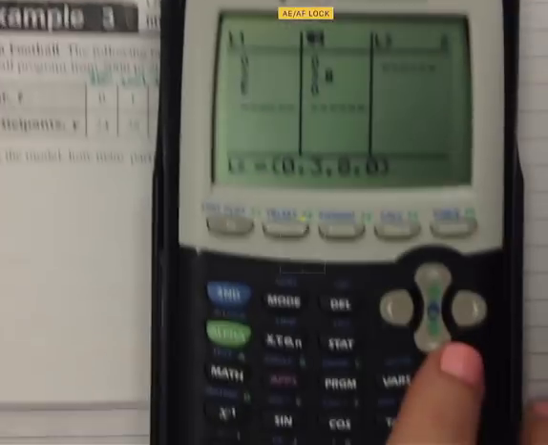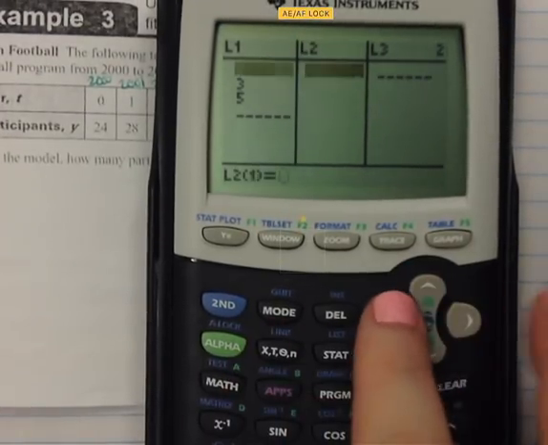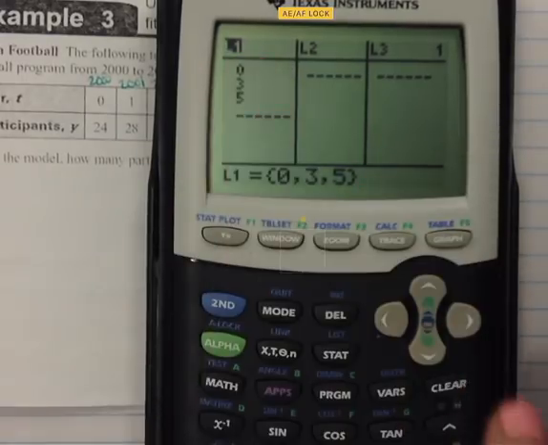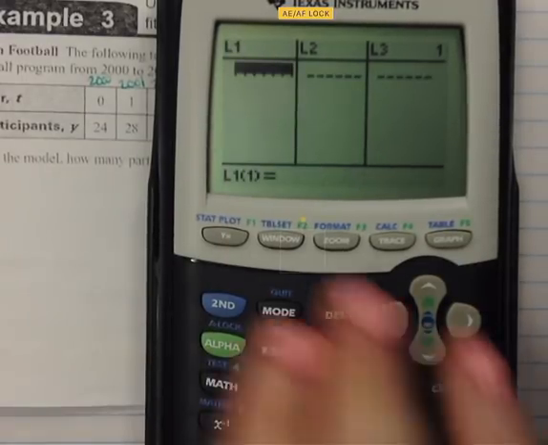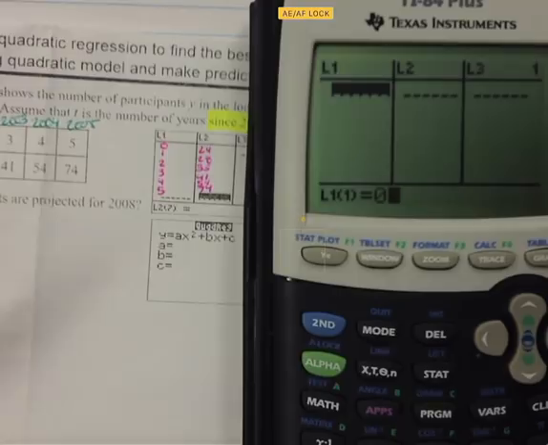You need to press clear and then press enter, and it clears that entire list. You'll go over to L1 and go up to the actual L1. You'll press clear, enter, and that clears the entire list. So now we can go back in here and put our L1 as 0, enter, 1, enter, 2, 3, 4, 5.